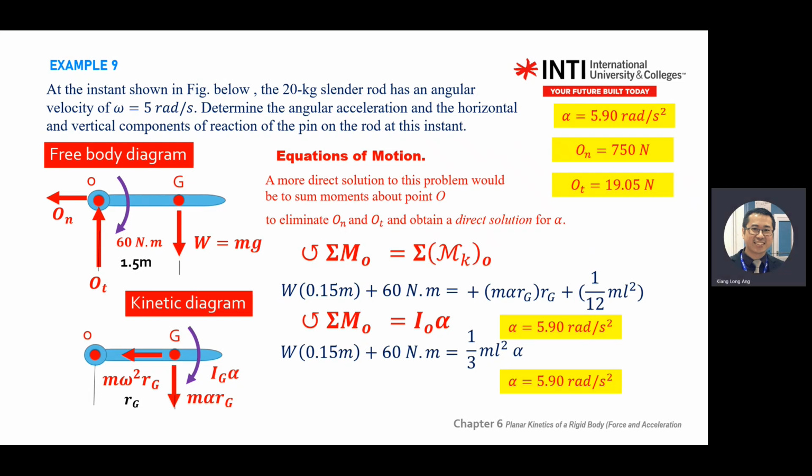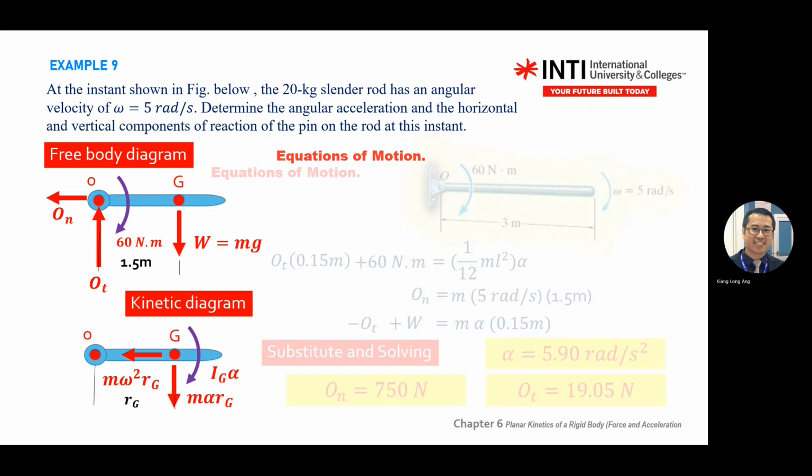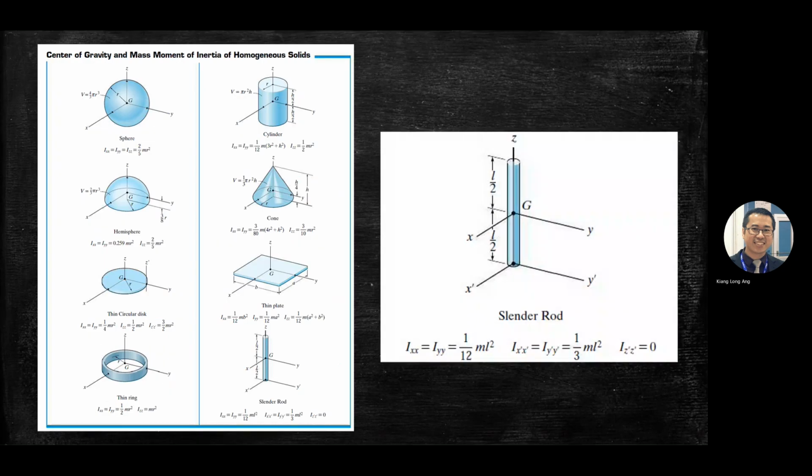Why can you straight away use 1/3 ml square and not use the Ig plus md square? Where is your O point now? Your O point is here.